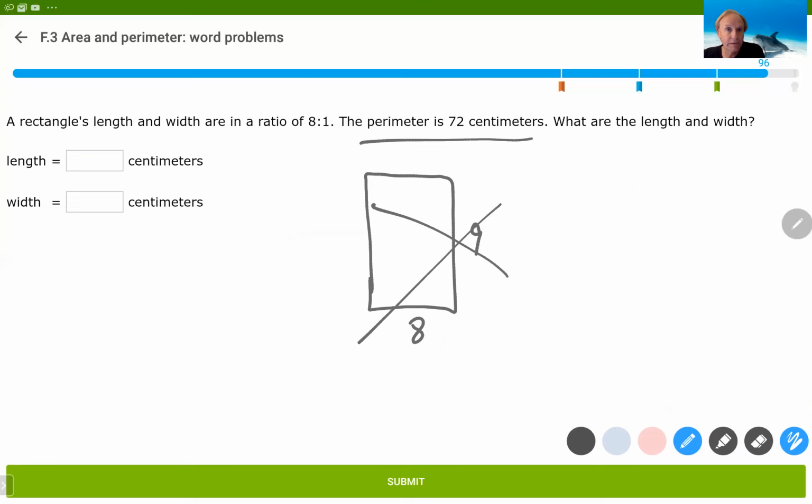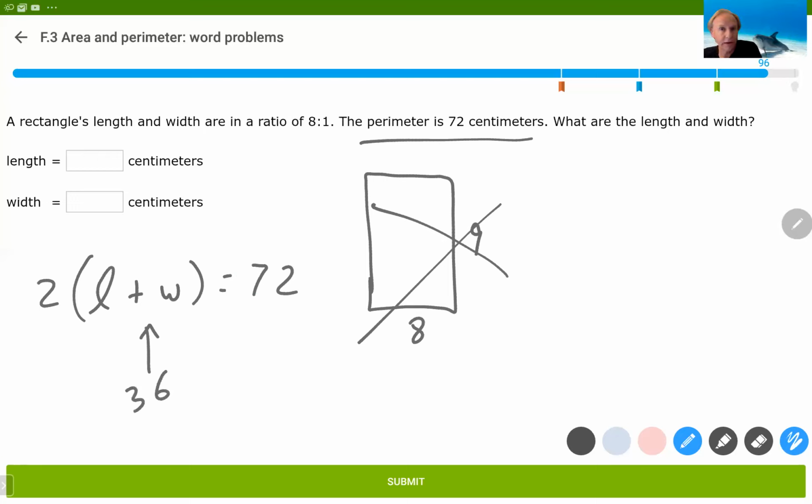So my sum of length plus width has to add up to 36 in order to have a perimeter of 72. And I want this 8 to 1. Now, the way I'm going to do this is I'm going to use a pirate. I call this the pirate treasure problem.